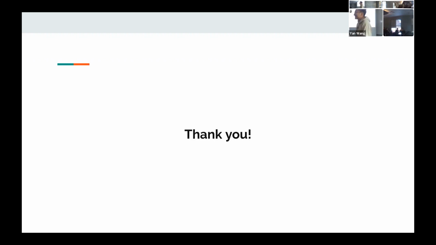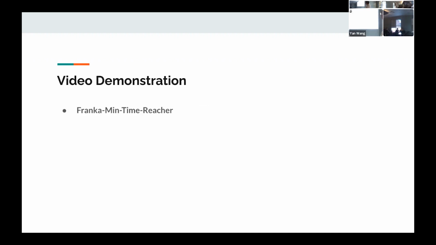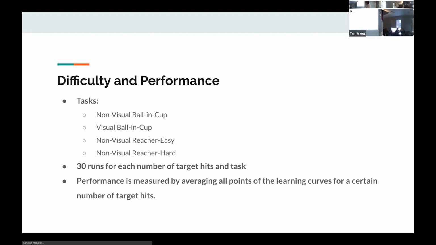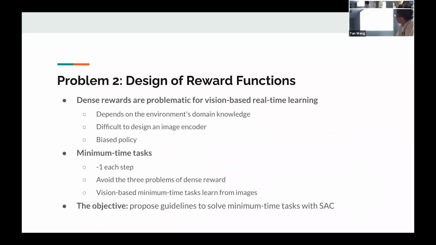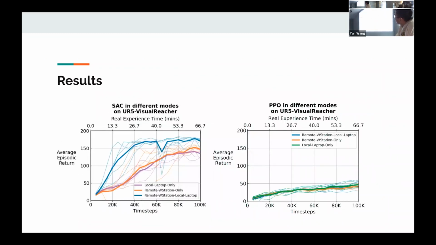Okay. Any other questions? You have a slide comparing SAC and PPO in the Reacher task, and I was wondering, one of them is an off-policy learning algorithm, the other is an on-policy algorithm. They run for the same time steps, and what are the corresponding times? Yes, I agree. SAC is off-policy, so it is way more sample efficient.